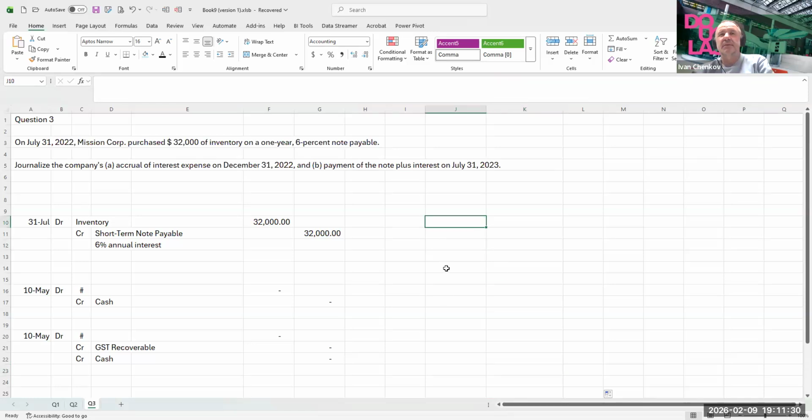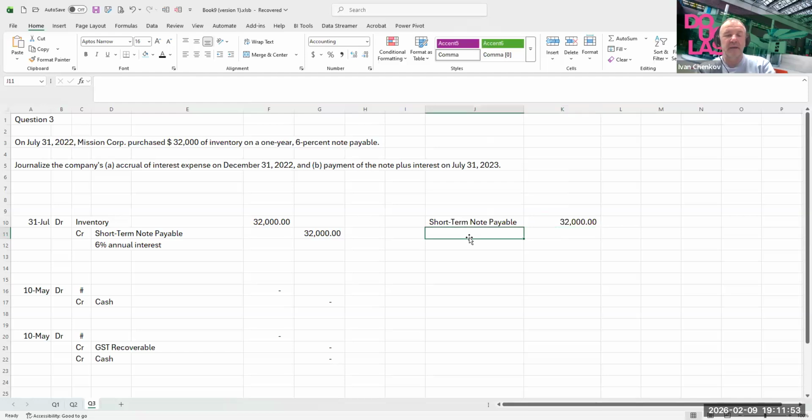So what's interesting with this note? Or, if you want, let's go with the right terminology, short-term notes payable. We have the short-term notes payable, and that is for 32,000.